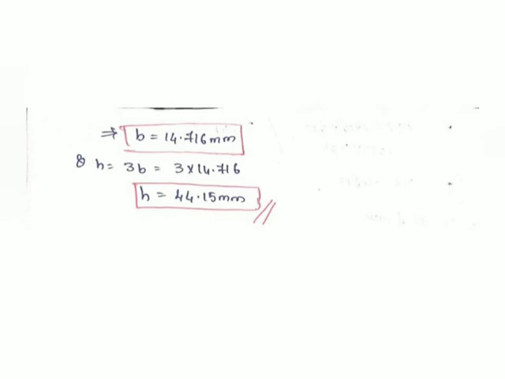So these are the dimensions of the cross-sectional area of the lever. This is the meaning of designing a lever in a brake problem: you need to find the dimensions of the cross-sectional area.